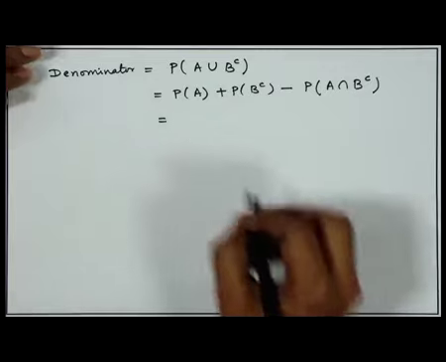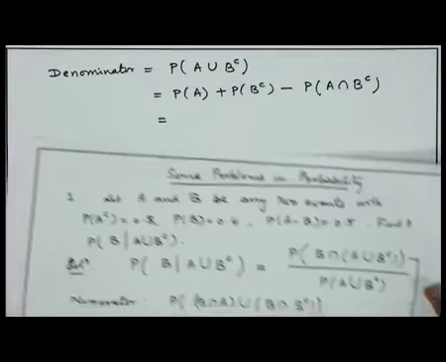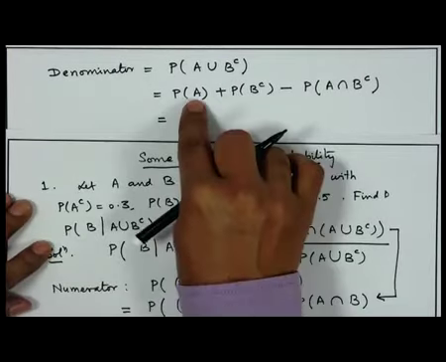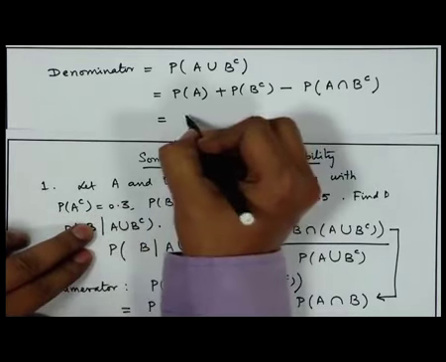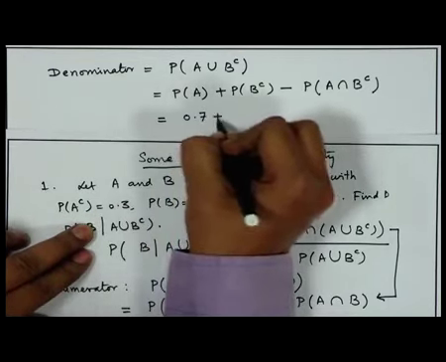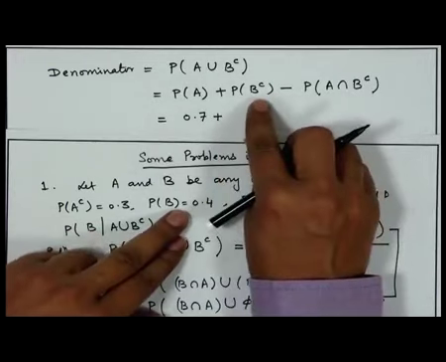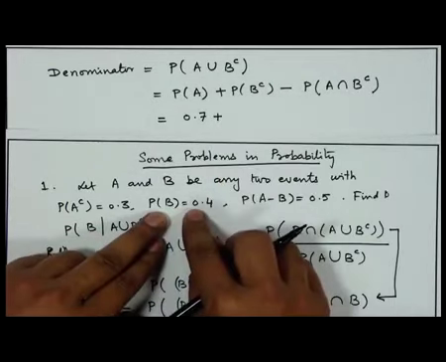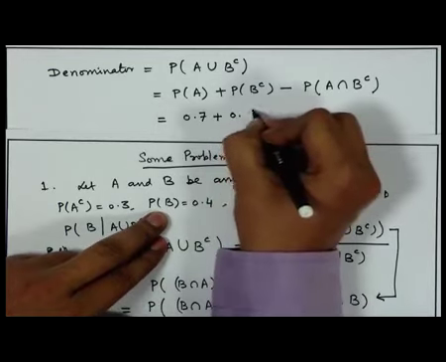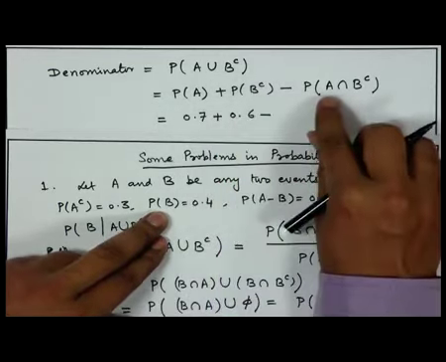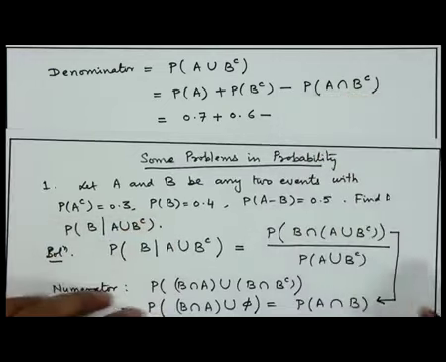Once again you see what are the values that we are supposed to write here. Probability of A, that is 1 minus probability of A complement, so that is equal to 0.7, plus probability of B complement, that is 1 minus probability of B, so that is 1 minus 0.4, that is 0.6. Now, what is probability of A intersection B complement?